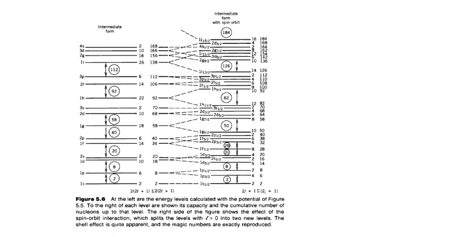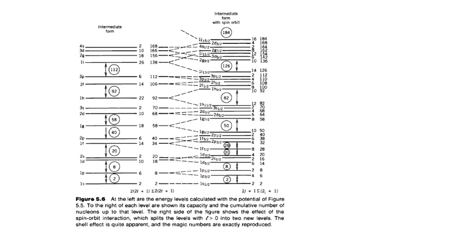And let us see the filling of nucleons in each of these levels and how magic numbers are reproduced. See, 1s half can accommodate 2 nucleons, and the cumulative number filled up to the first gap is 2. Now the second gap occurs after p half, and p3 by 2 can accommodate 4 nucleons, and p half can accommodate 2.